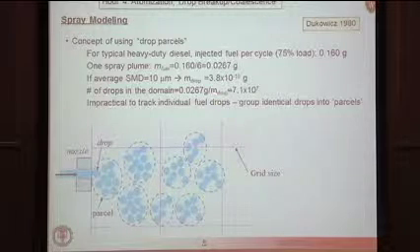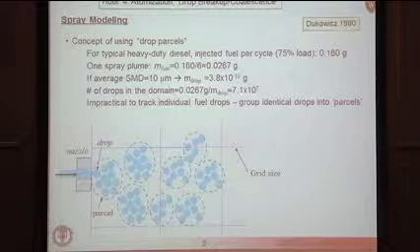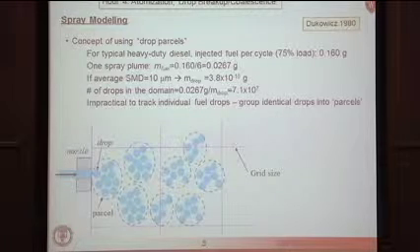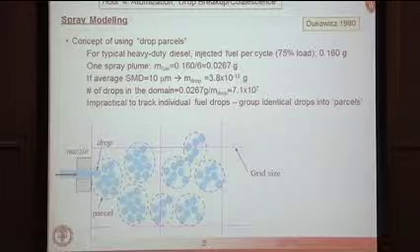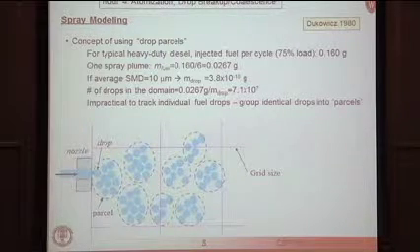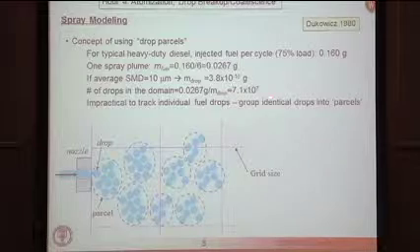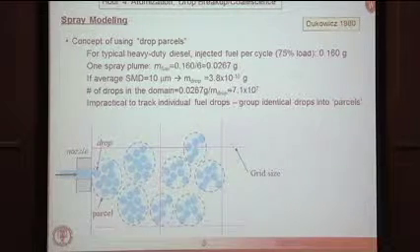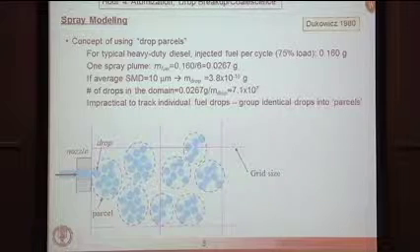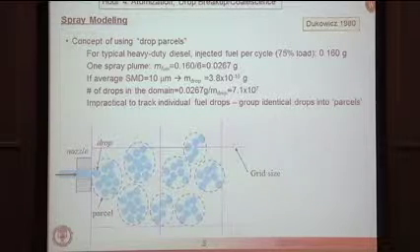And then using this and the amount of fuel, we can estimate how many drops there would be in the domain. So you can see here there's about 70 million drops, 10 micron drops, that would be created from just one plume of a multi-hole injector. So that's just impractical to track that number of droplets and the processes that occur when they break up and turn into many more droplets and so on.